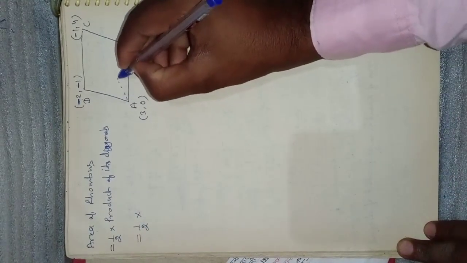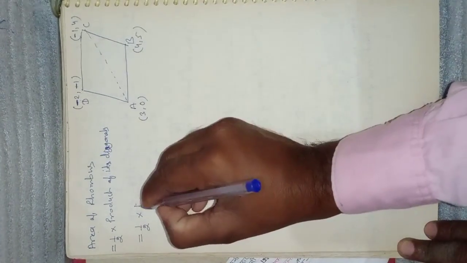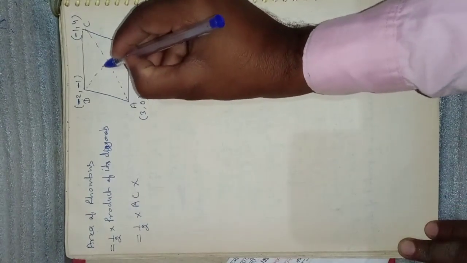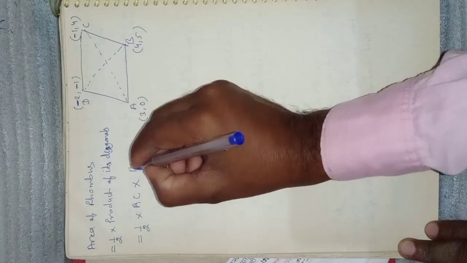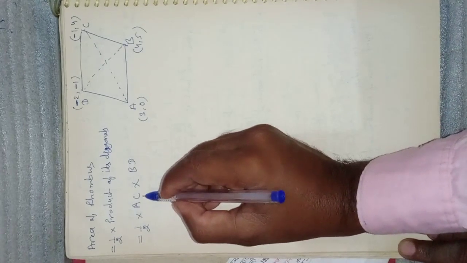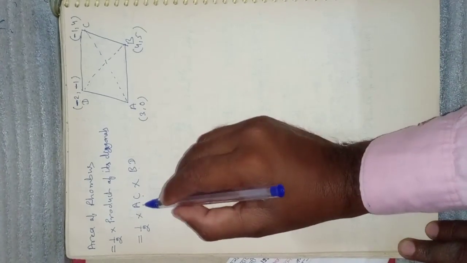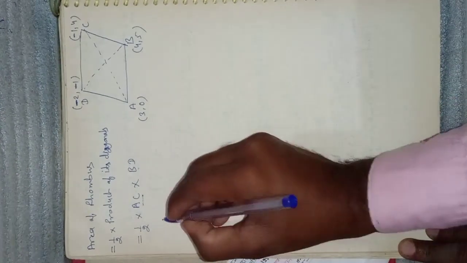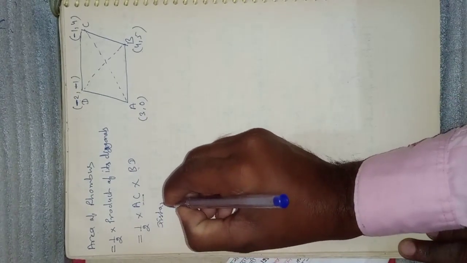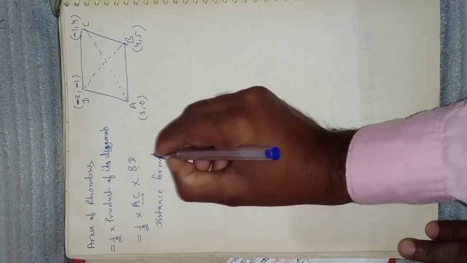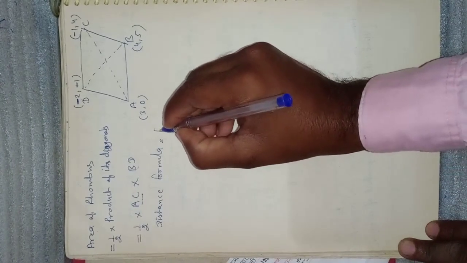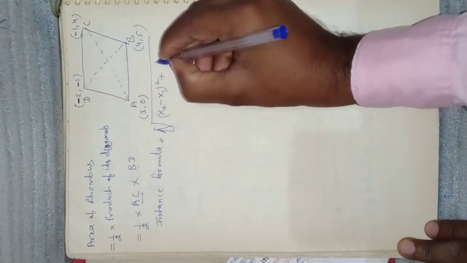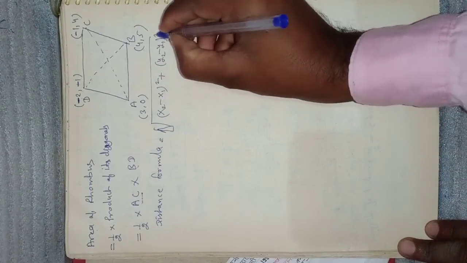The first diagonal is AC, so write here AC. Product means multiply into the second diagonal, which is BD. So use the AC distance and the BD distance, the distance between A and C and between B and D. Use the distance formula: root of (x2 minus x1) whole square plus (y2 minus y1) whole square.